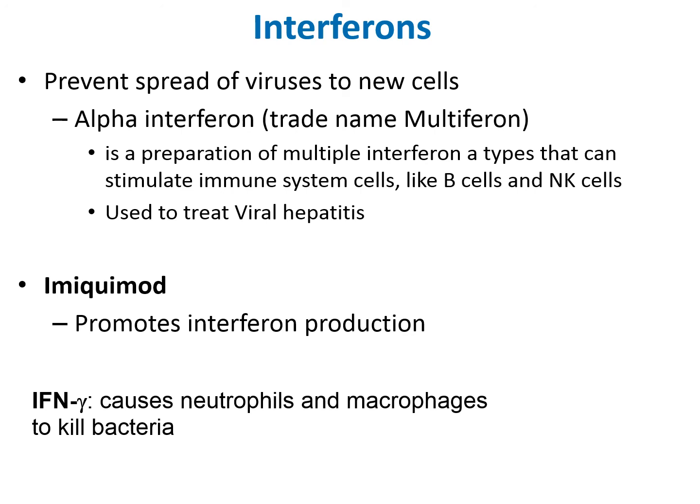Imiquimod is another drug. It promotes the production of interferons. And then this little note at the bottom is that interferons alpha and beta aren't the only interferons. There's another interferon called interferon gamma, and it causes neutrophils and macrophages to kill bacteria. So during a bacterial infection, this gets secreted to stimulate the death of bacteria.